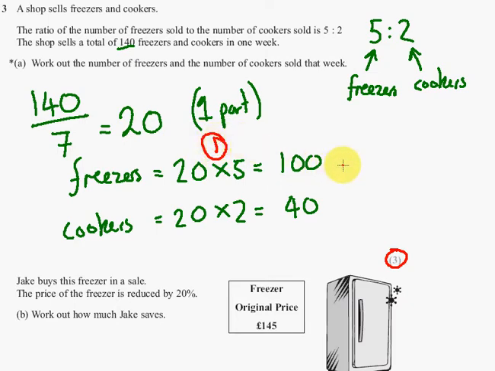The second mark comes from seeing 100 and the 40. And the third mark comes from linking the 100 to the freezers and the 40 to the cookers, which you can see I've done here, okay. If you've just got a whole load of calculations all over the page when they can't see that the 100's for the freezers and the 40 is for the cookers, you don't get that final mark.